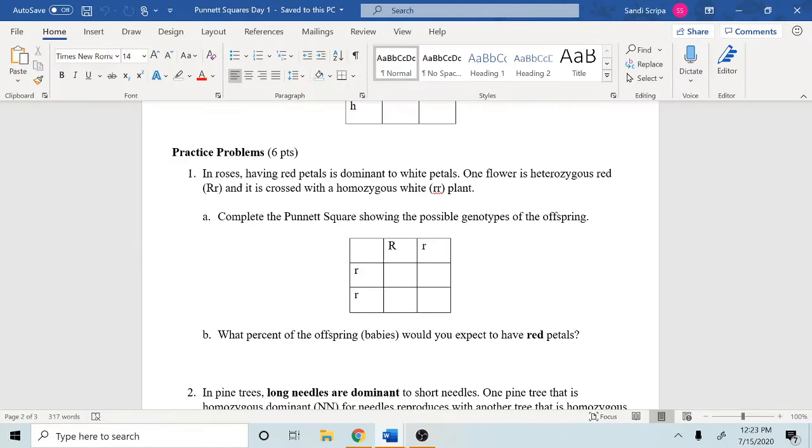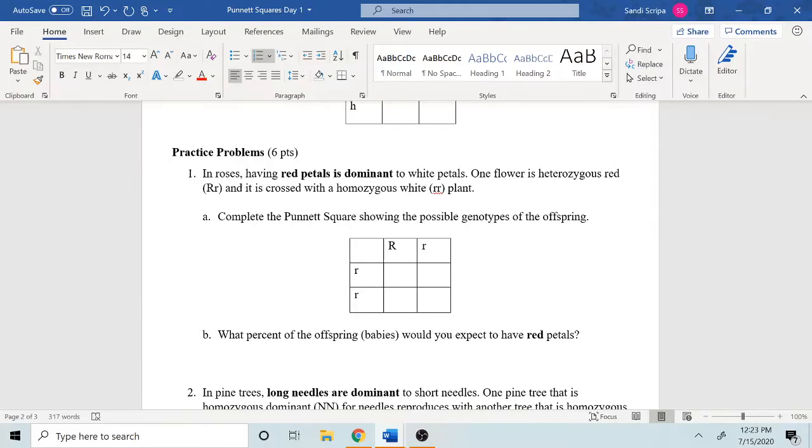So for example, we're looking at flowers, and flowers having red petals is dominant. So when they say that something is dominant, that means it's really common and it'll cover up other traits. And when things are dominant, we write it with an uppercase letter, like a big letter.